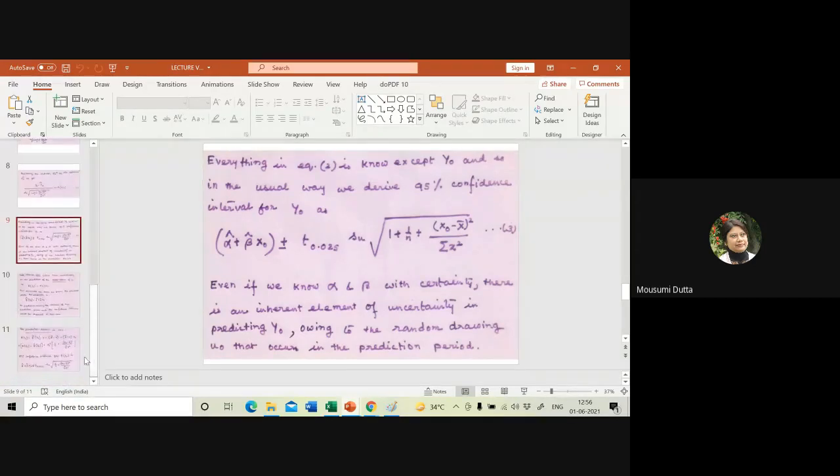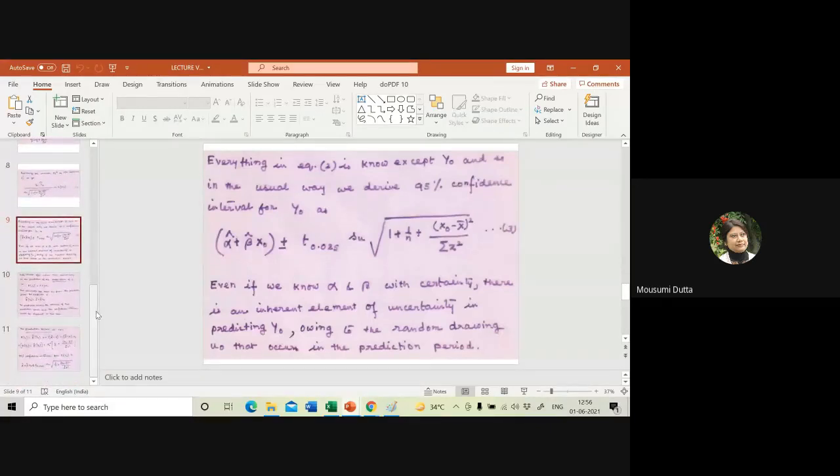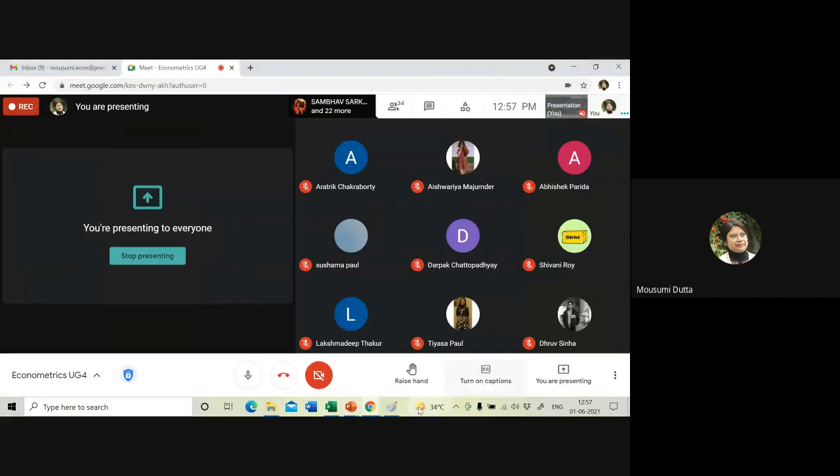Do you want that I'll explain some of the parts from the prediction, or is it now understandable to everyone? So I think everybody understood everything from the prediction part. So next day with autocorrelation, I'll discuss one or two numerical exercises.